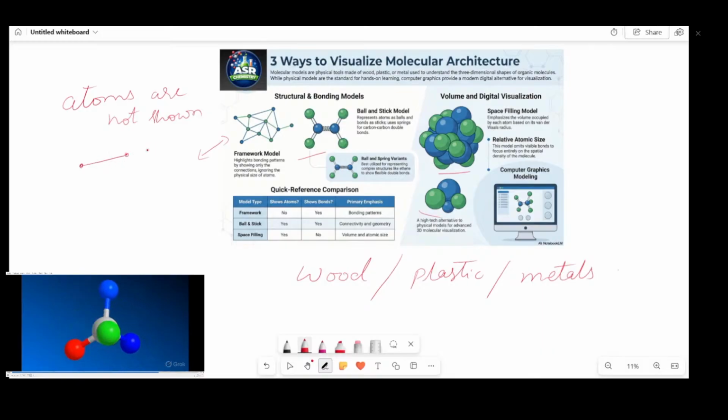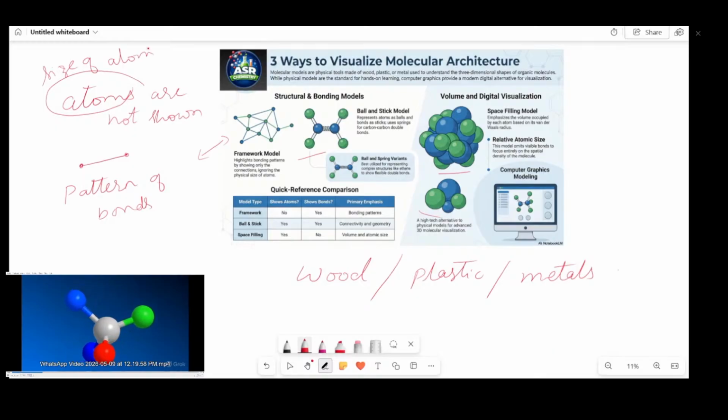And it is used only to study the pattern of bonds in a molecule. So the size of the atom is ignored.